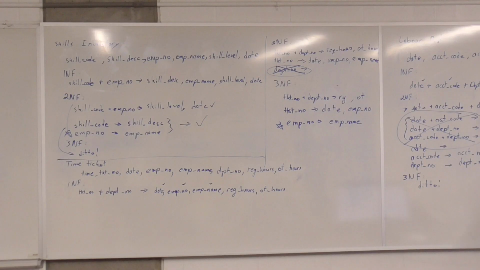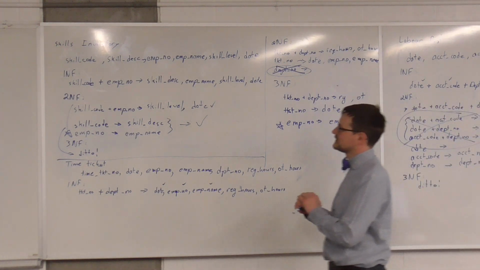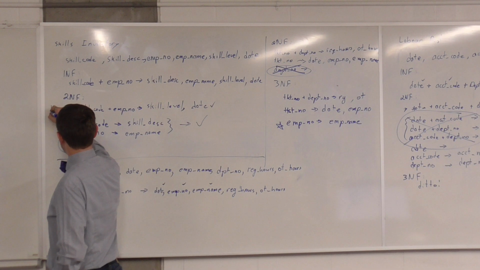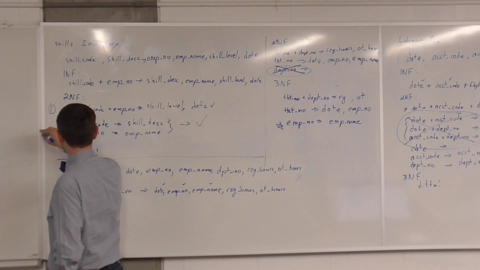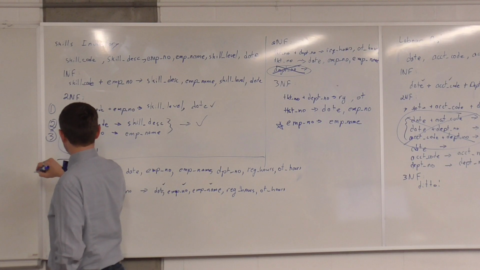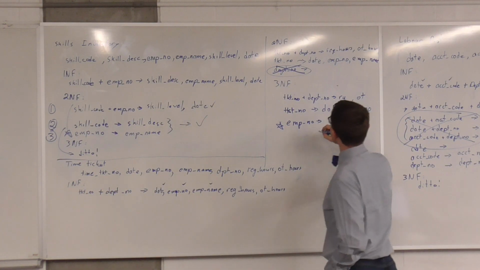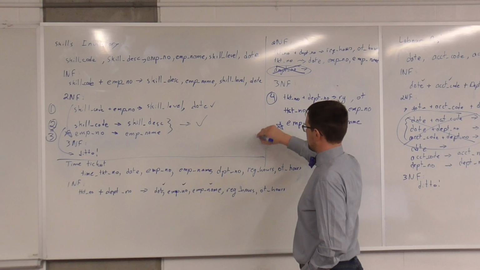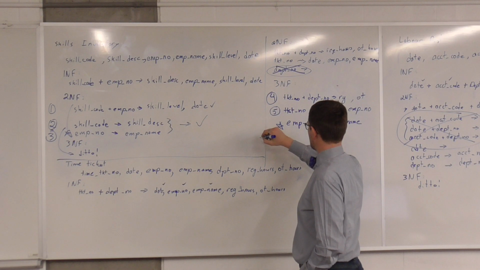Now, we were given a hint: 8 entities and 7 relationships. Let's count our entities, shall we? 1, skill code and employee number. 2, skill code. 3, employee number. 4, ticket number and department number. 5, ticket number.